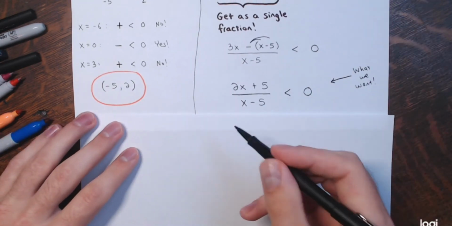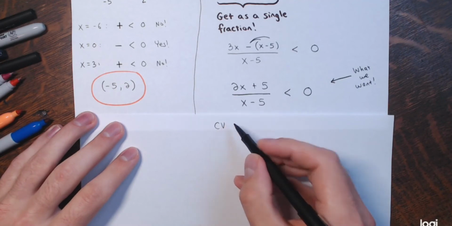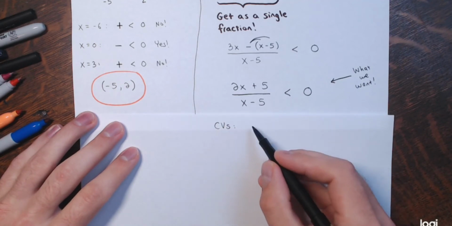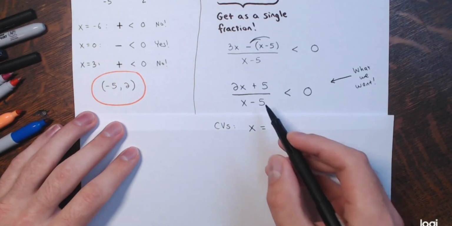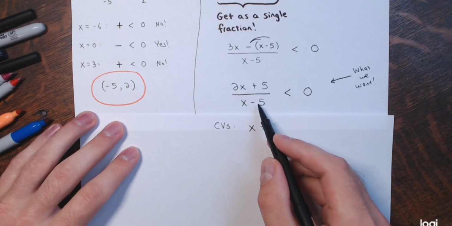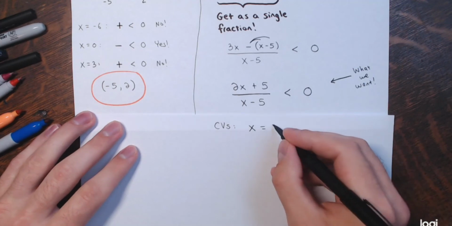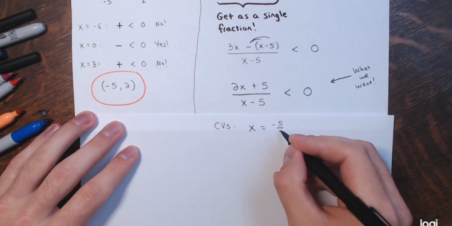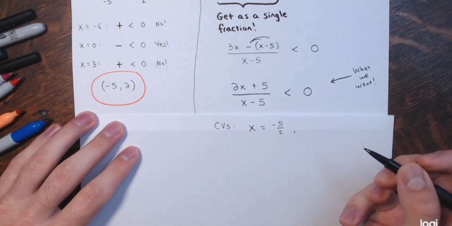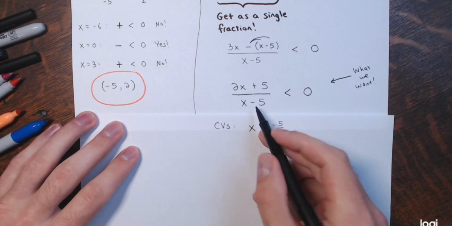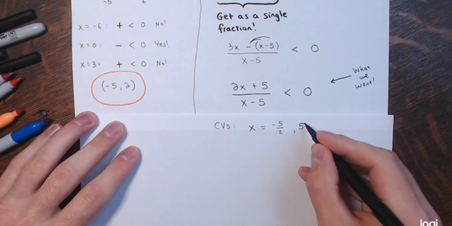I find the critical values, so the values of x that make this numerator and this denominator 0. Now the numerator is 2x plus 5. So the value of x that makes that 0 would be negative 5 halves, negative 2.5. And the denominator would be 0 if x were 5.